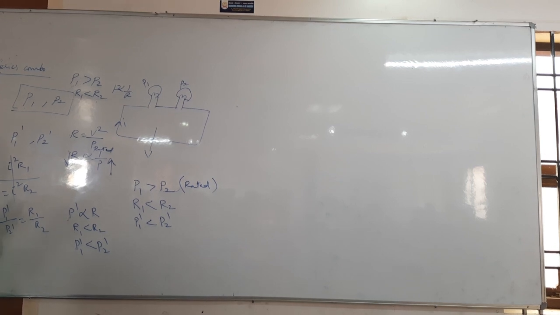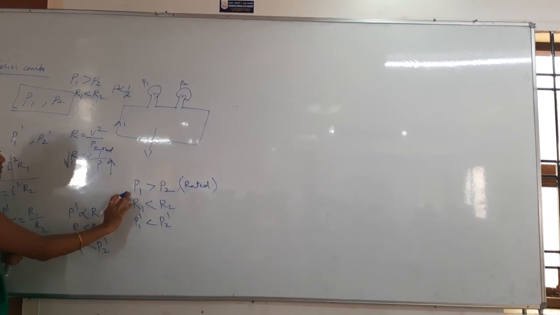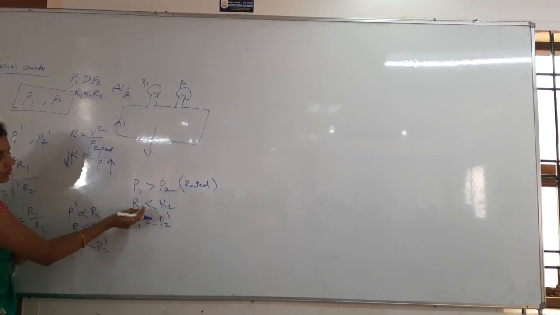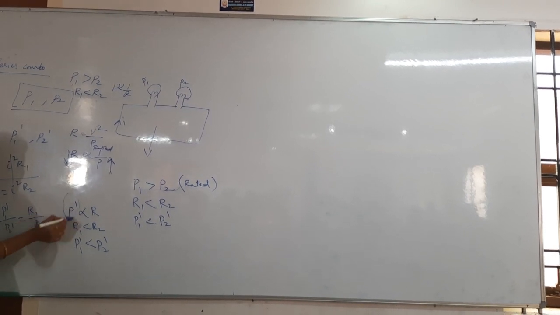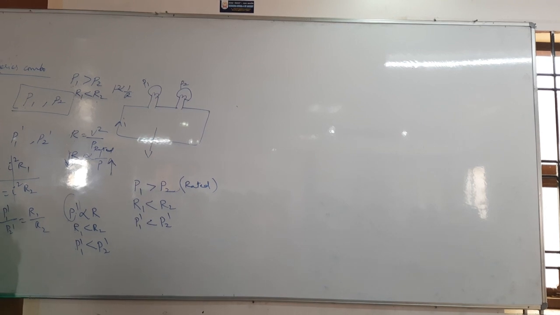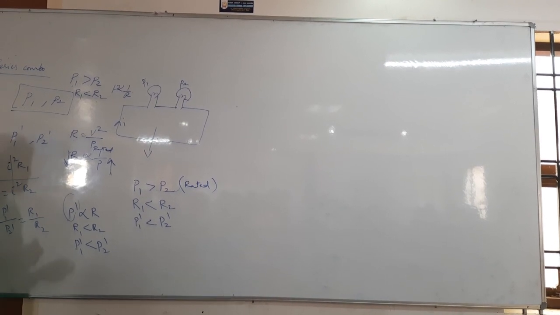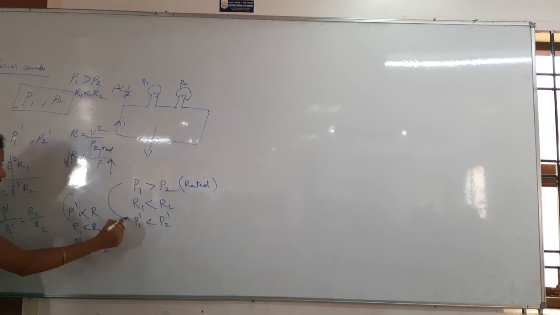P dash is the consumed power, P is the rated power. Because rated power is inversely proportional to R, P1 greater than P2 gave R1 less than R2. Then the consumed power is directly proportional to R, which means whichever has less resistance will have less power consumed, and whichever has more resistance will have more power consumed. So here P1 dash is lesser than P2 dash. Whenever you see these two relations, what can you say?